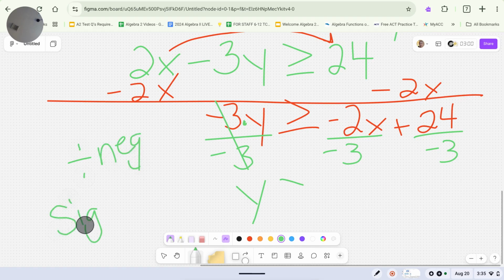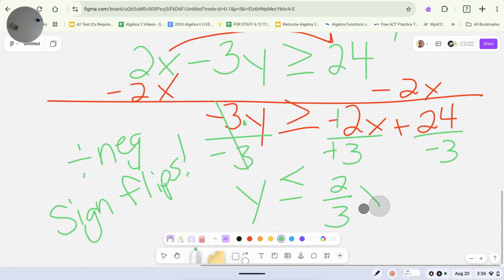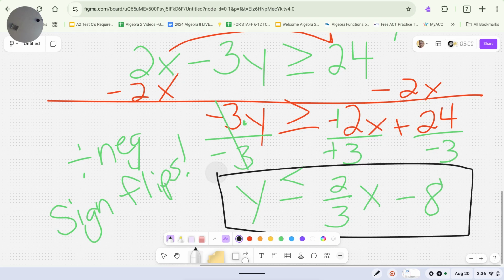Don't forget that, otherwise our work will be incorrect. So we get y is less than or equal to 2/3 x, and 24 divided by negative 3 is negative 8. So now we have our inequality in slope-intercept form, y equals mx plus b. Here's my slope, here's my y-intercept, and there you have it. So, good luck, kiddos.